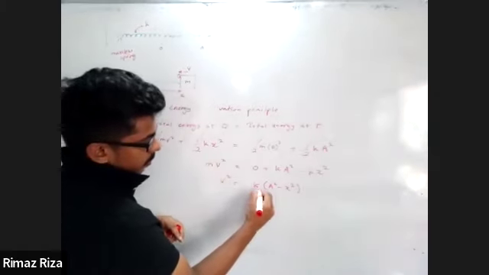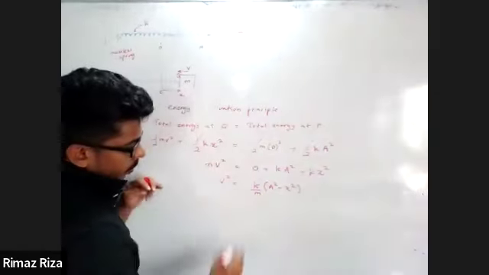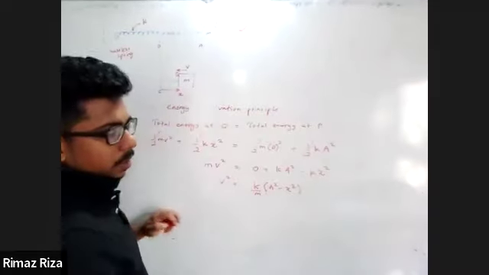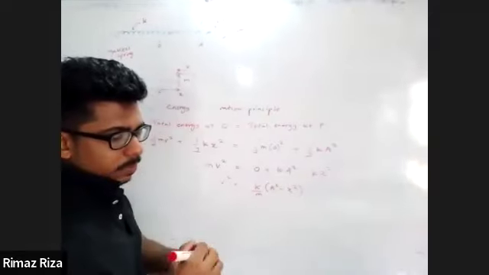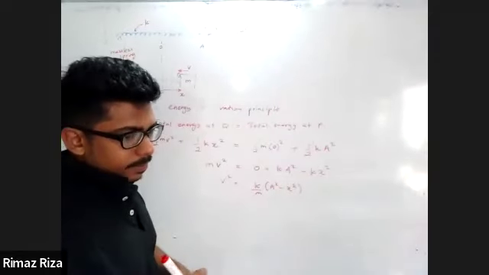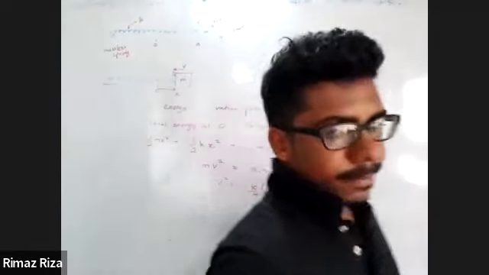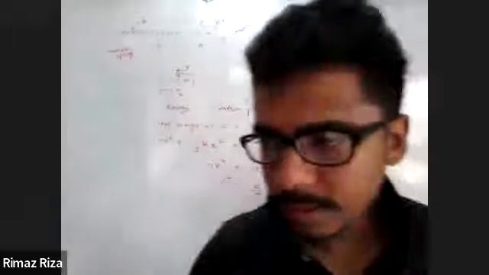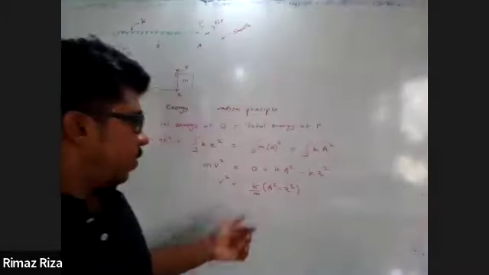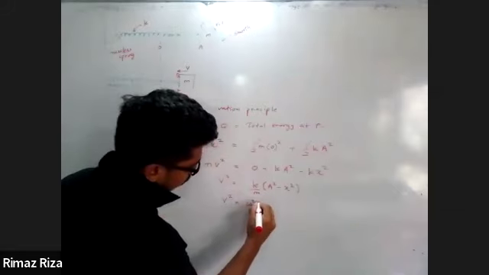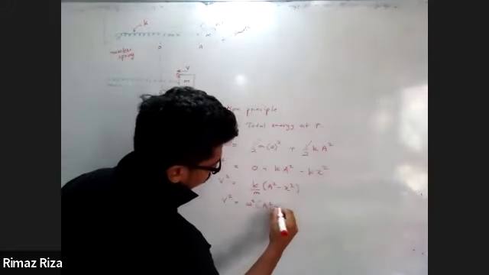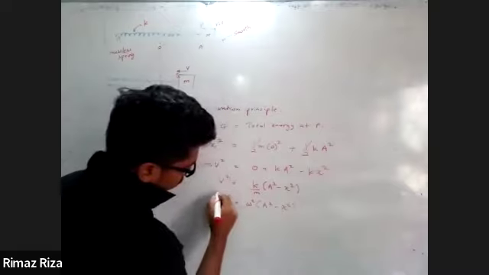This m comes to this side, so k over m. Tell me what is k over m? This is equal to what? Omega squared. Yes, that is equal to omega squared. v squared equals omega squared times a squared minus x squared.